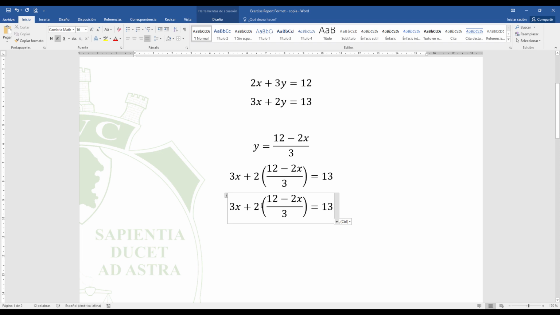So here you can multiply 4 and, now you can do the operations again.